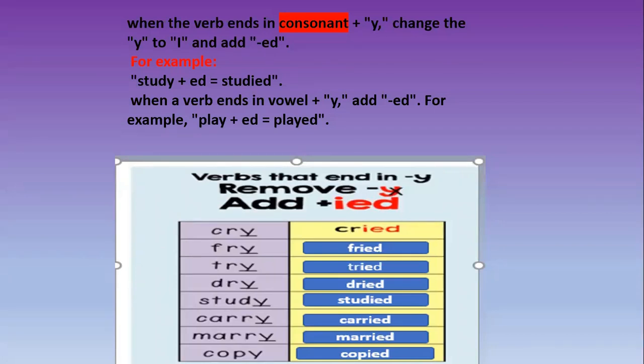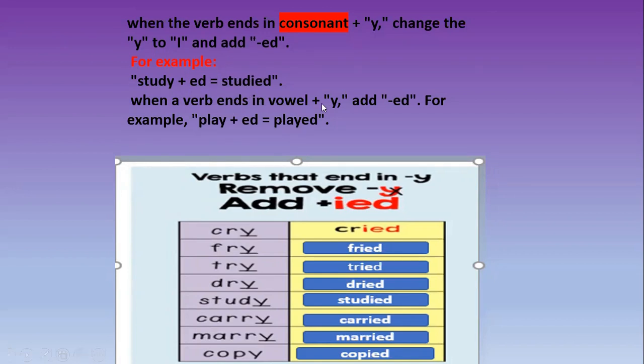So if the verb ends in a consonant plus Y, we change the Y into I and add ED. Only if the verb ends in consonant plus Y. For example, study. Here we have a consonant, it's not a vowel, plus Y, when we add ED, we change the Y into I and we add ED.